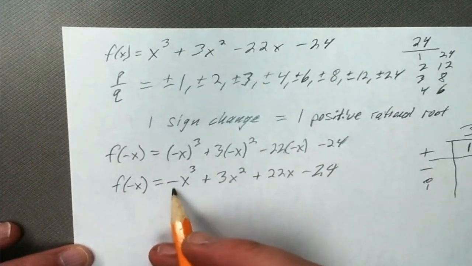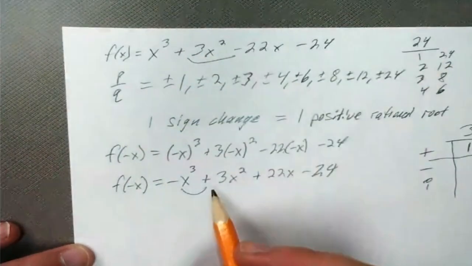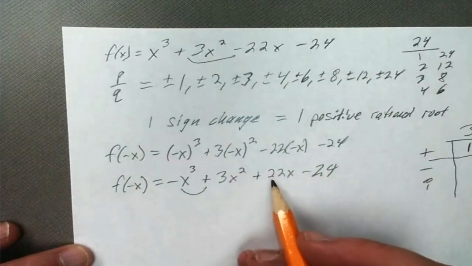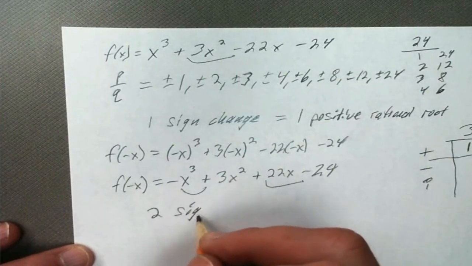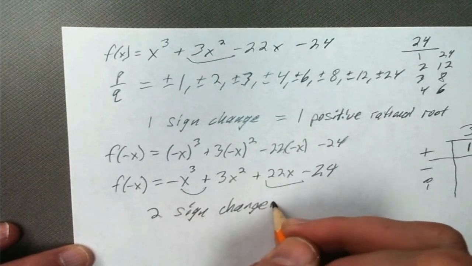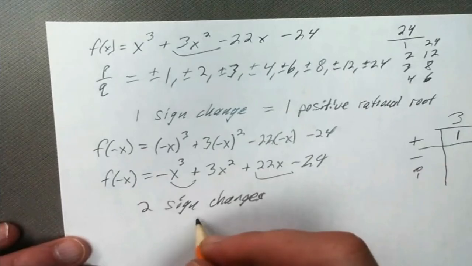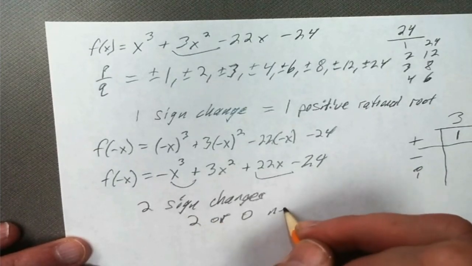So it goes from a negative to a positive. There's one sign change. Let's see, this sign change happened right there. Positive to a positive, positive to a negative. So there's two sign changes, which means there are 2 or 0 negative roots.